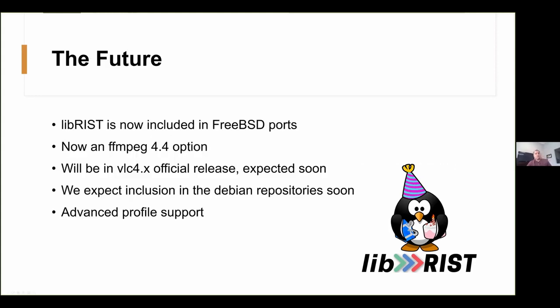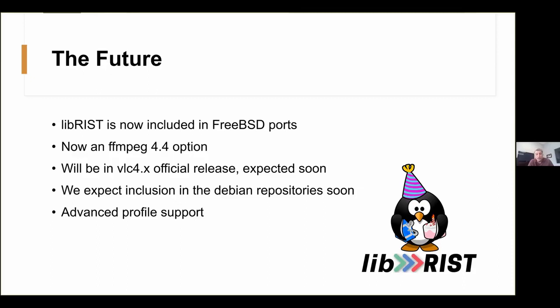So before we move into the demo itself, let's take a very quick look at what's coming next for the library. It looks like libRIST is going to find its place in the distros and important media software. We've been included in the FreeBSD ports. We're already in the main code base of FFmpeg. I believe 4.4 will have it.